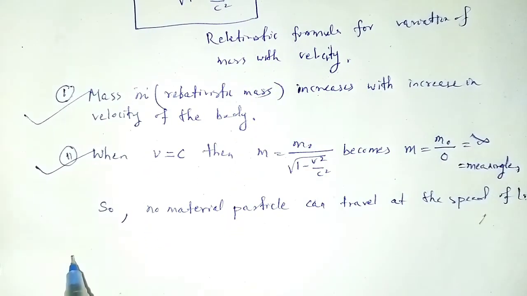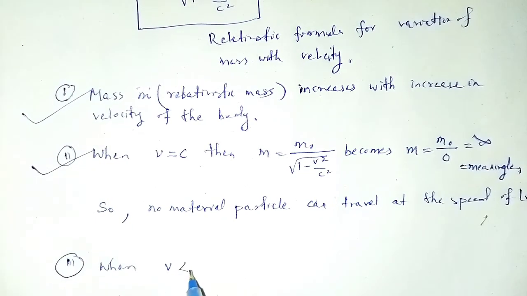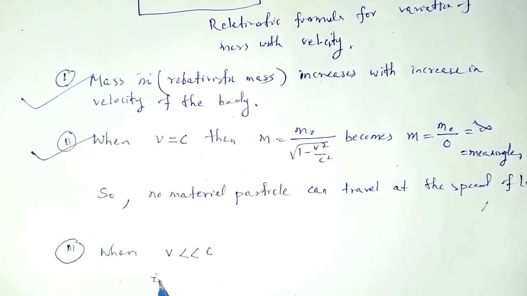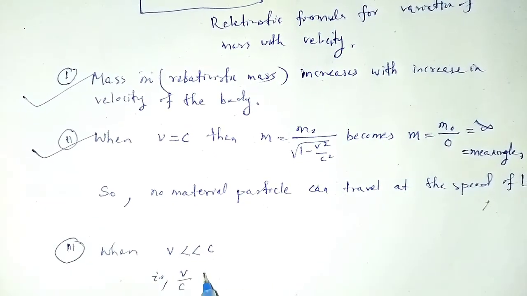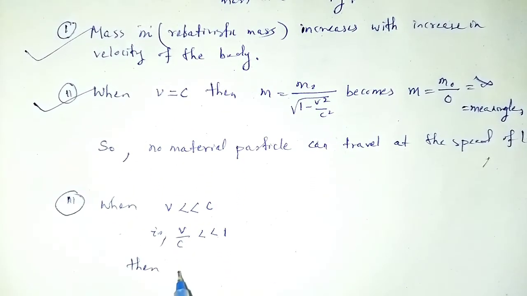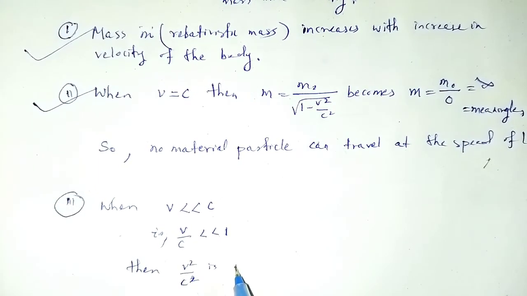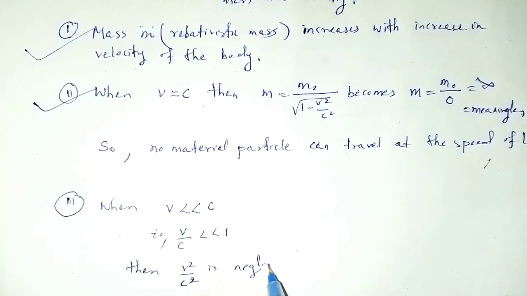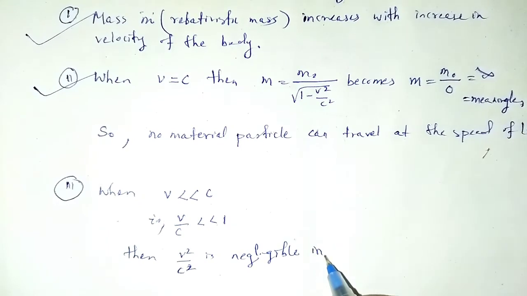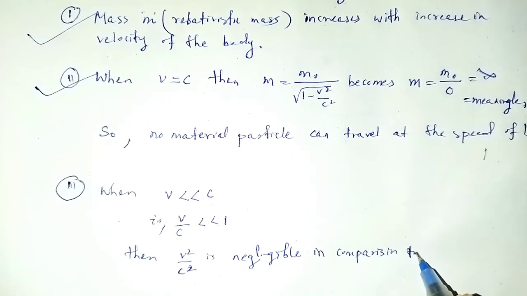Again, from that expression, we also clarify that when v is very very small compared to c, that is v by c is very very small compared to 1, then the v square by c square term is negligible in comparison to 1.